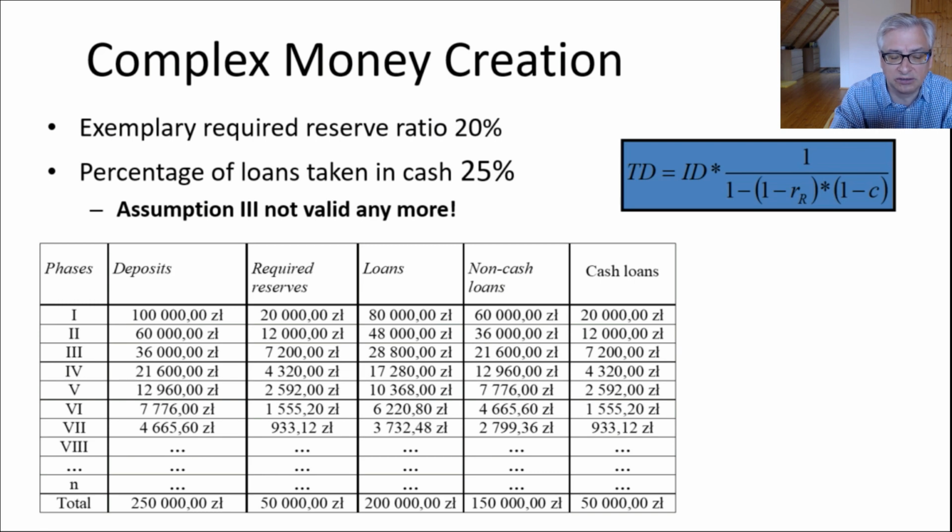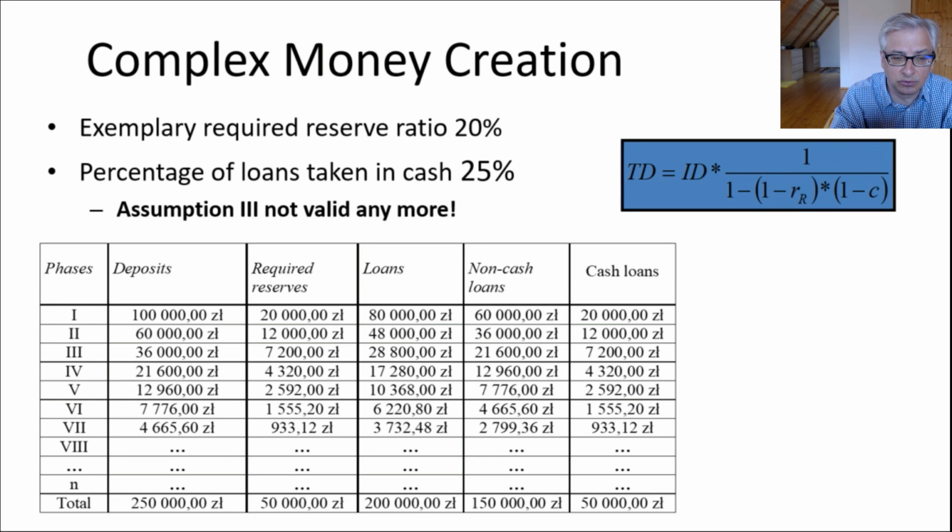So if we've got 100,000 of cash as deposit, then required reserves and cash loans together can amount to this 100,000. Divided into 2, required reserves would be 50,000, cash loans would be 50,000. So that's how much required reserves and cash loans are.